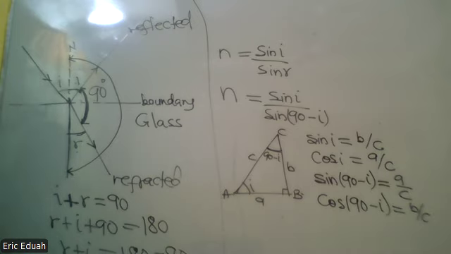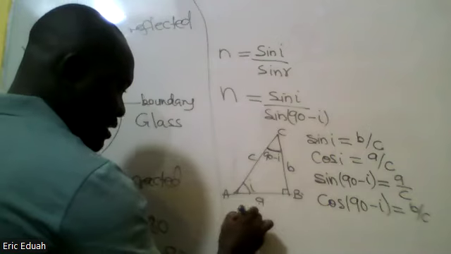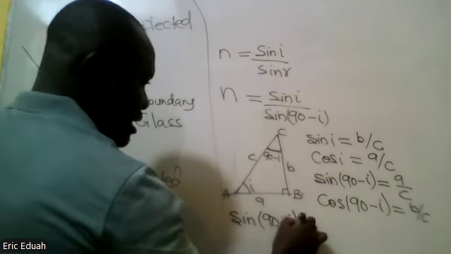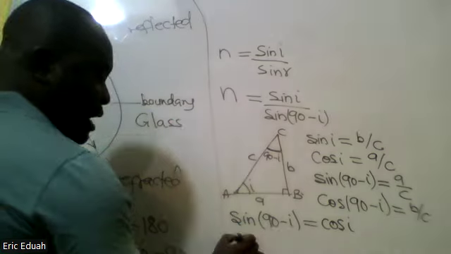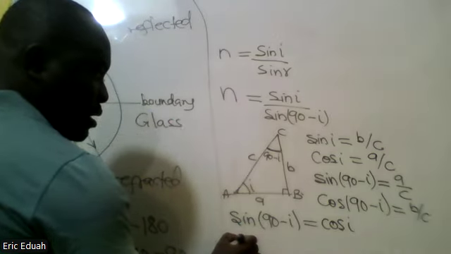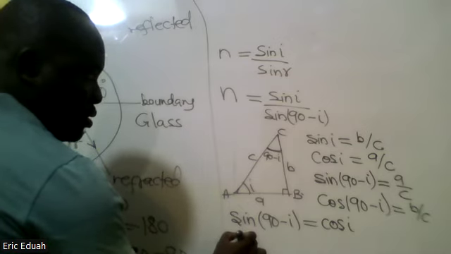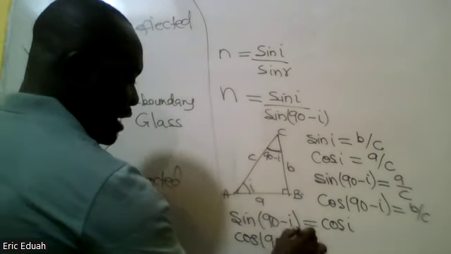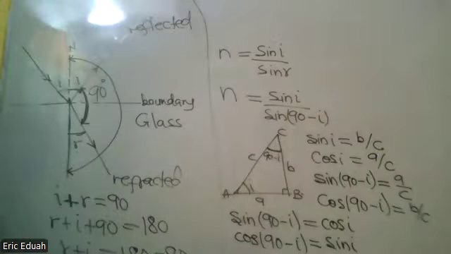Sine 90 minus I is equal to cos I. So sine 90 minus I is equal to cos of I, and sine I is equal to cos 90 minus I. Cos 90 minus I is equal to sine I.